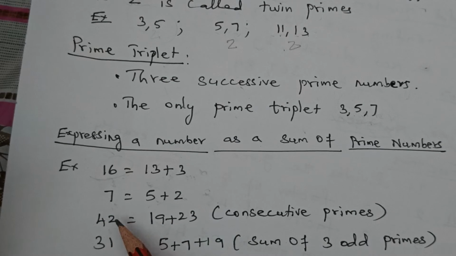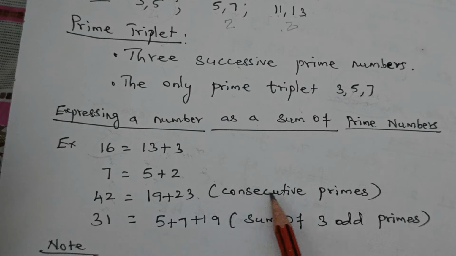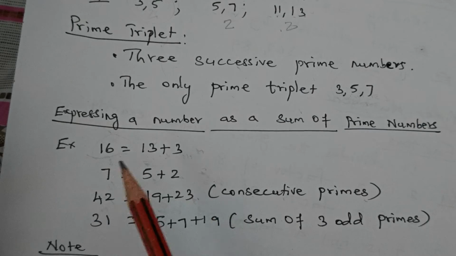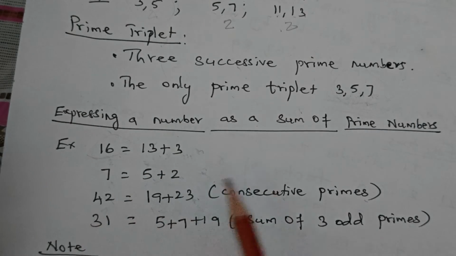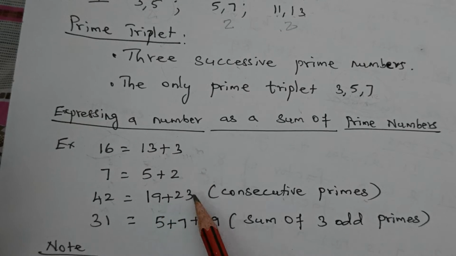42 is what number? Ending with 2, it is an even number, so it is a composite number. So we can write 19 plus 23, consecutive primes. Consecutive means continuous. After 19, 23 is the next prime number. After 19, 20 is not prime, 21 is not prime, 22 is also not prime. After 19, the next prime number is 23.